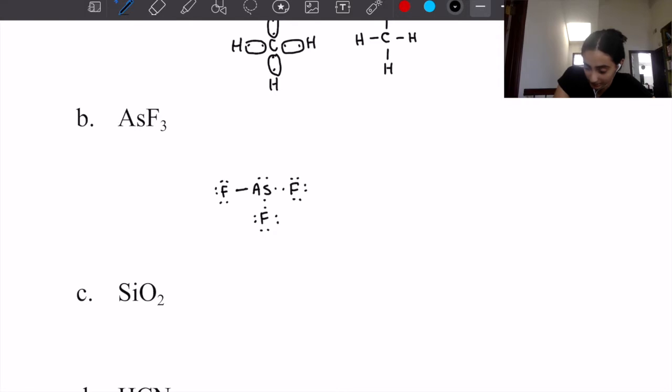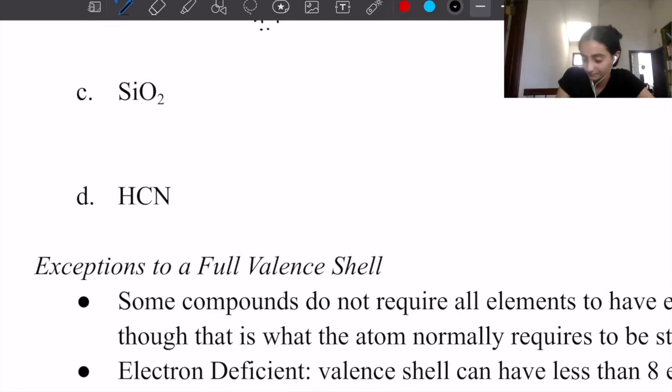I'm going to bond arsenic to 1 fluorine, to another, and now we can count. Arsenic has 1, 2, 3, 4, 5, 6, 7, 8, and each of the fluorines have 1, 2, 3, 4, 5, 6, 7, 8 electrons. So now all the elements in the compound have fulfilled their octet rule, and we have our Lewis structure.